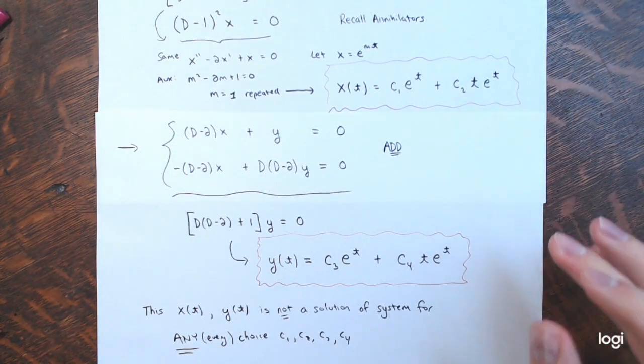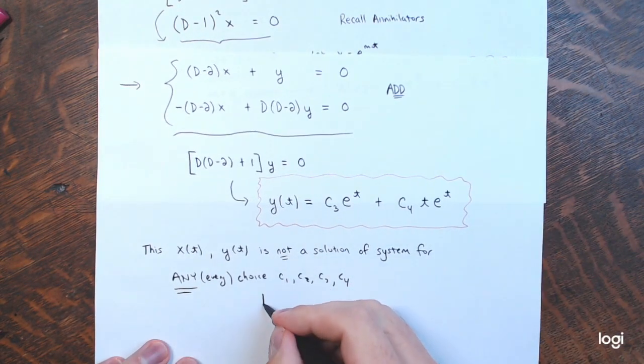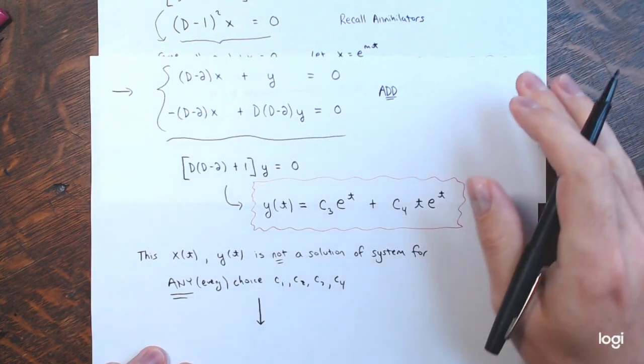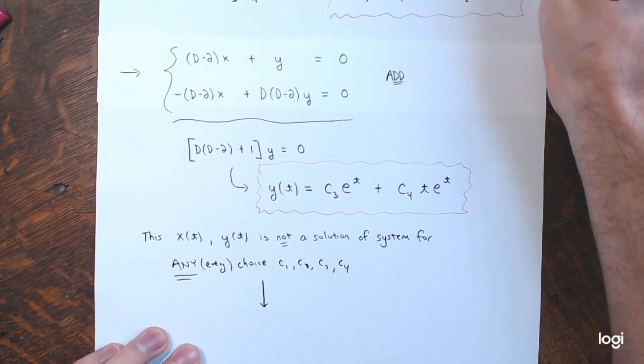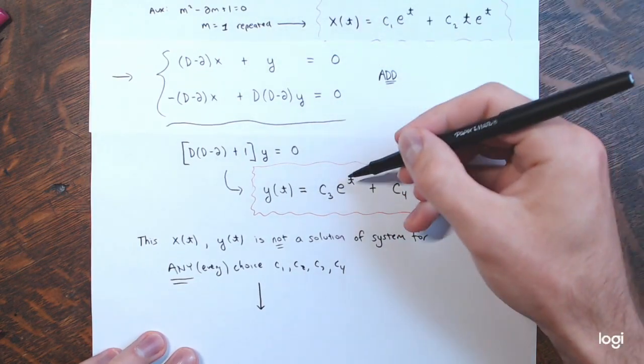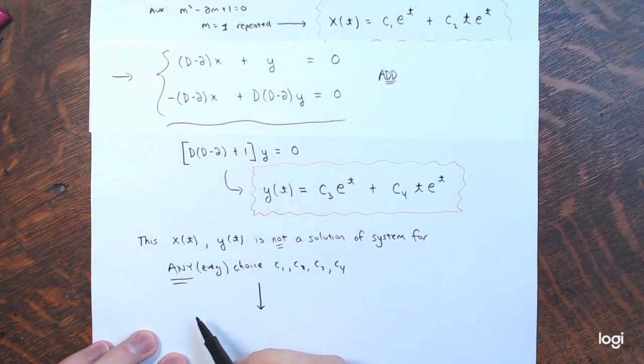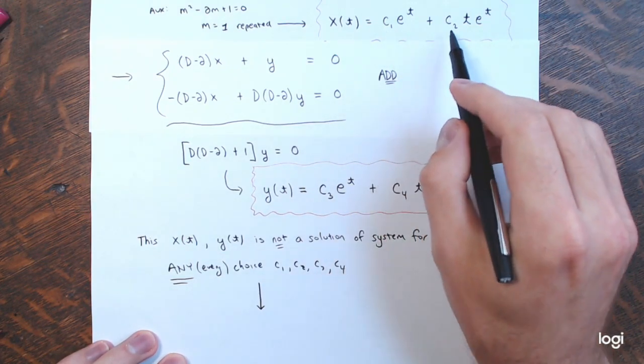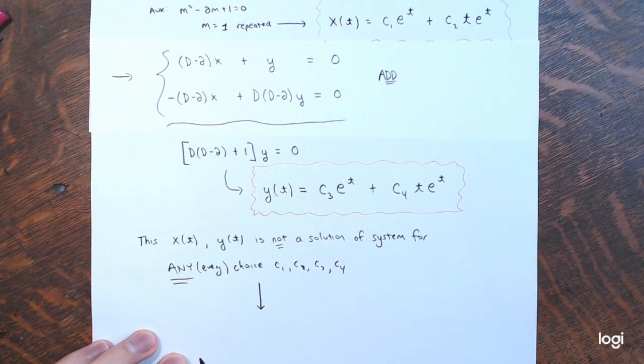So what we need to do next, after finding what the general x looks like and what the general y looks like, is determine how to choose these constants. If I can't choose them to be whatever I want, how do I choose the constants?